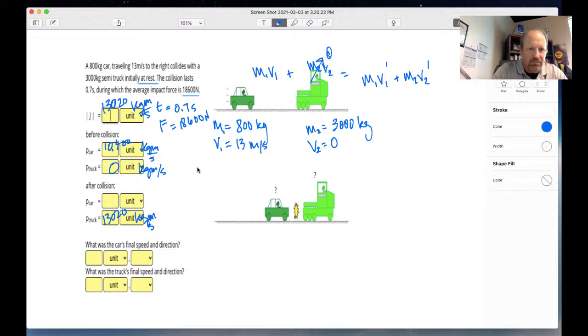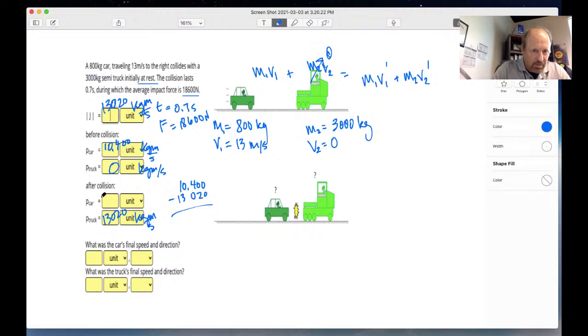So 10,400 minus 13,020 is negative 2,620.